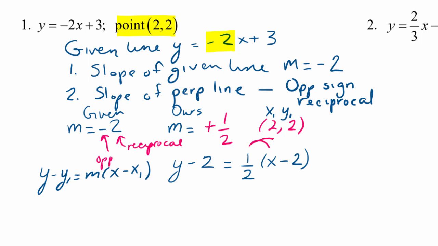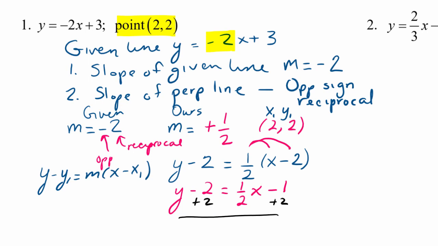And now we're going to distribute that 1/2 so that we can get our equation in slope-intercept form. So y minus 2 equals 1/2 x, and half of a negative 2 is negative 1. And then we will add 2 to both sides to get this line in slope-intercept form. And we got y equals 1/2 x plus 1.